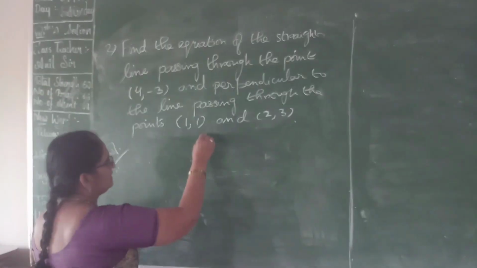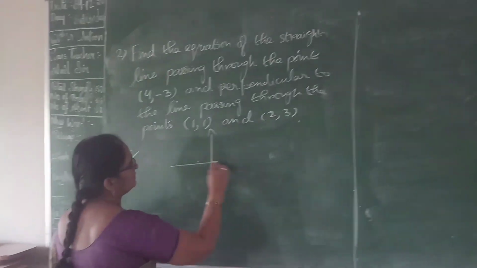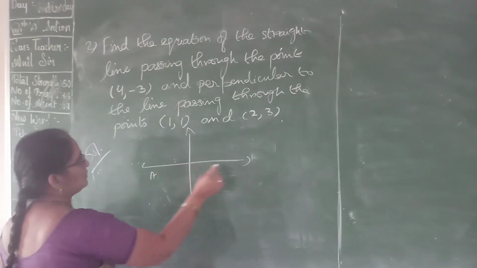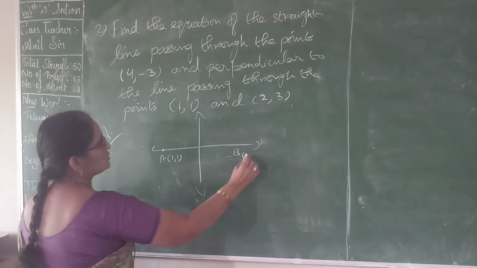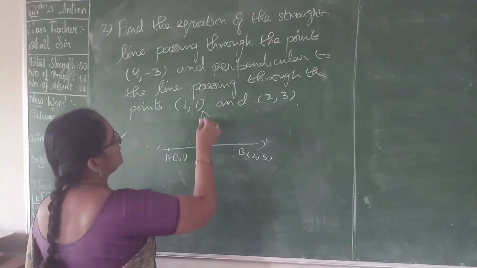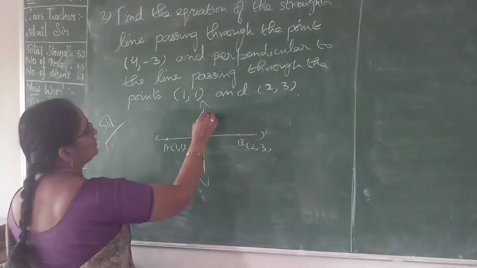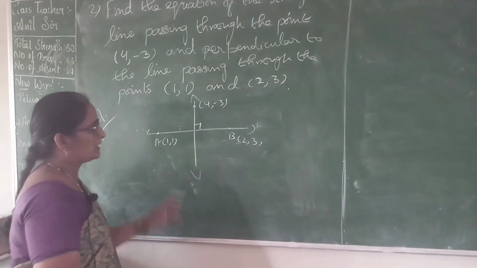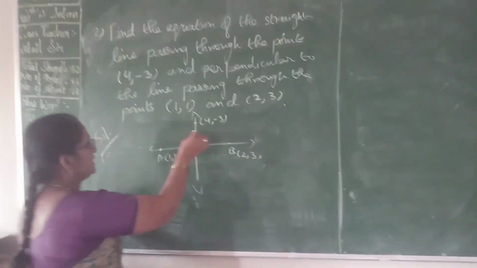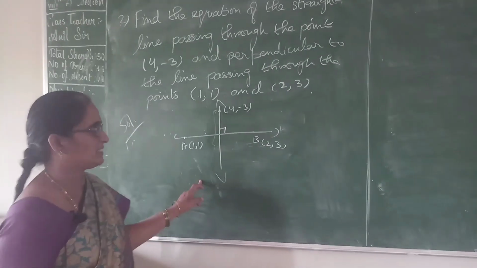For example, suppose these are the 2 points, this is 1, 1, this is 2, 3, then there is one particular point here 4, -3, which is making perpendicular to this particular line. So, we have to find out the equation of this particular straight line.